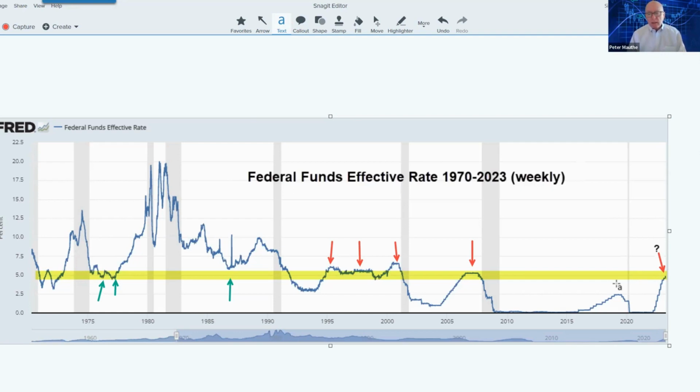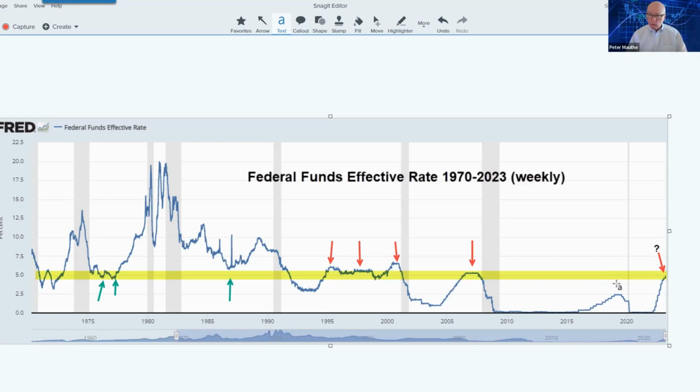Now, a couple things as to how this translates into not only the economy, but our investments as a whole are this. If interest rates follow the pattern that they've been in for the last 30 years, interest rates at or about 5% tend to achieve the Fed's objective of slowing the economy and easing inflationary pressures.